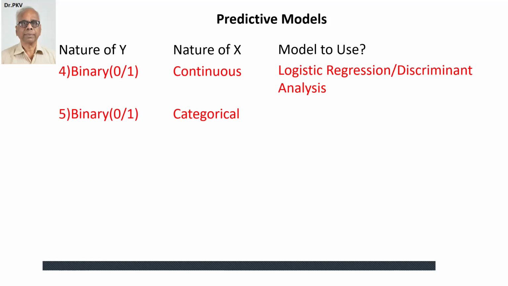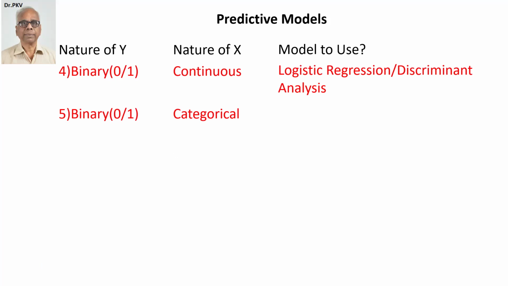Supposing y is binary categorical, 0, 1, and x is categorical, you can still use a logistic regression model.